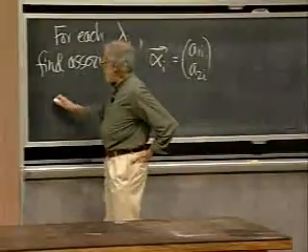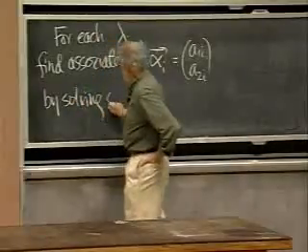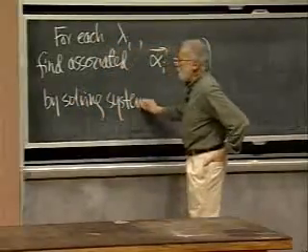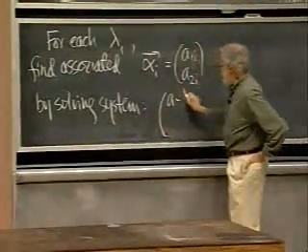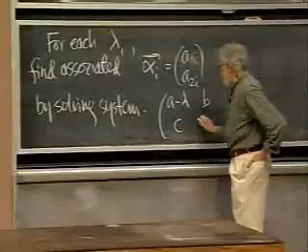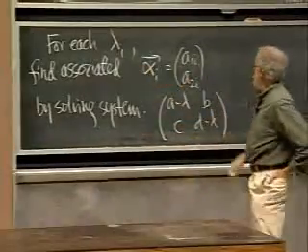By solving the system, and the system will be the system which I'll write this way: (A minus lambda, B; C, D minus lambda) times (x, y), or (A1, A2), equals (0, 0). It's just that system that was over there, but I'll recopy it.